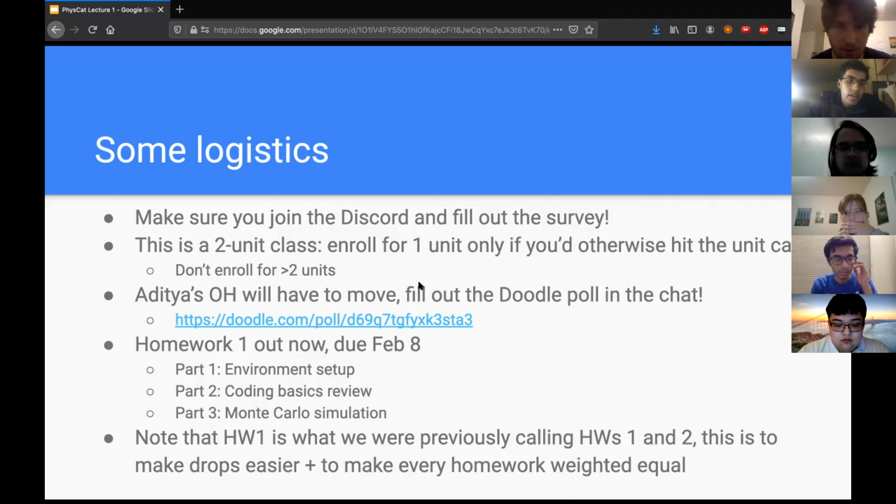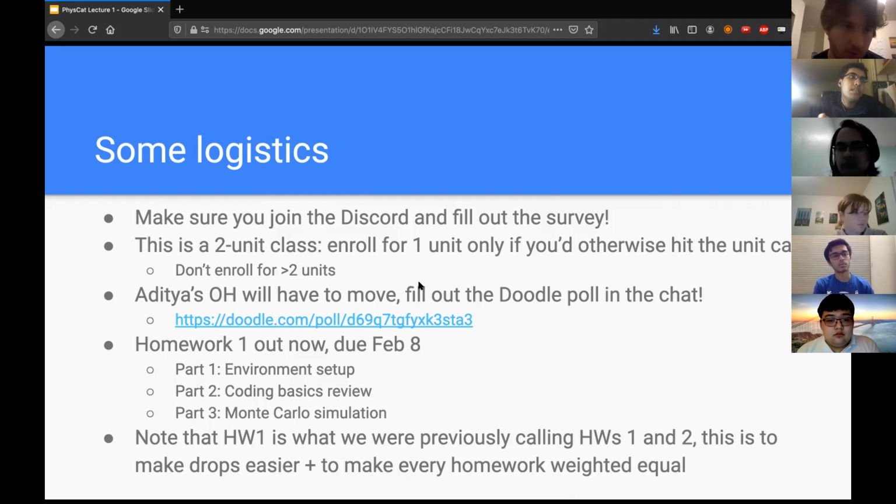Also, this is a 2-unit class. Apparently the department made a mistake while setting up this course, and they let you pick anything from 1 to 4 units. So we're fine with people taking it for 1 unit, only you should expect 2 units of work.